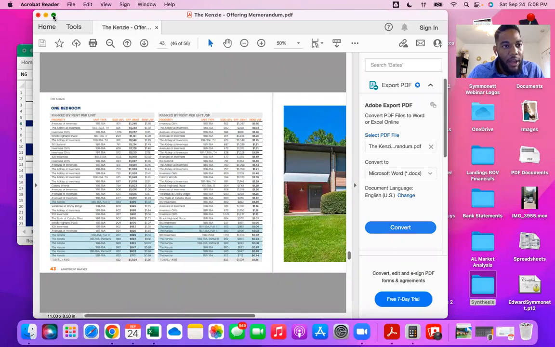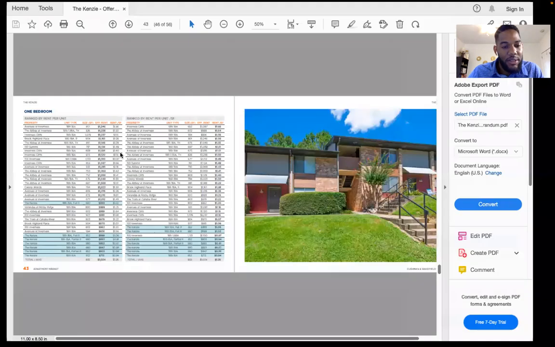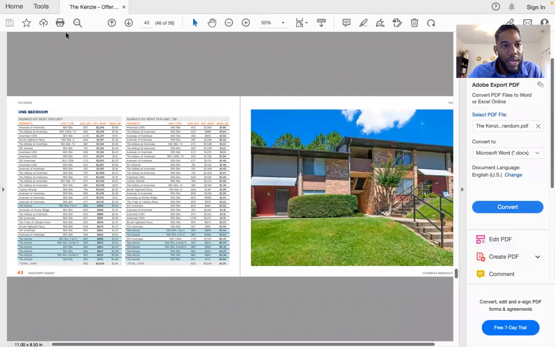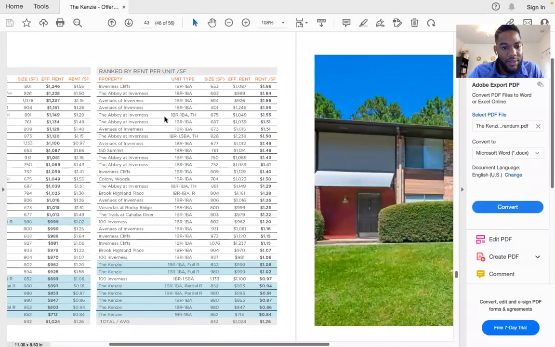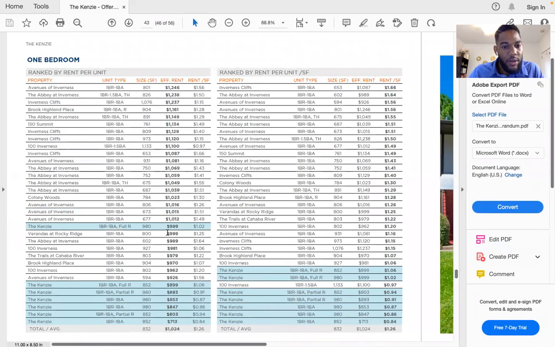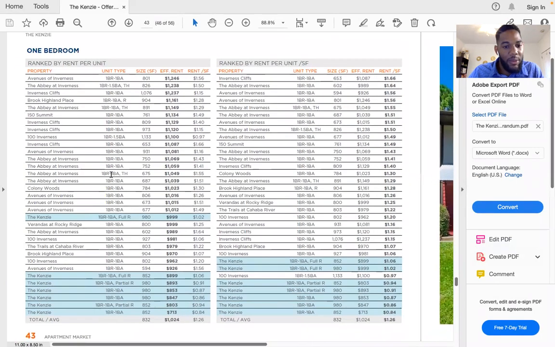Okay, guys. So for our 1-bedroom floor plans, what do you guys want to assume for our rents? Right now our effective rent is around $999. What do you guys want to assume for our 1-bedrooms as far as where we think we could take the rents on this property?